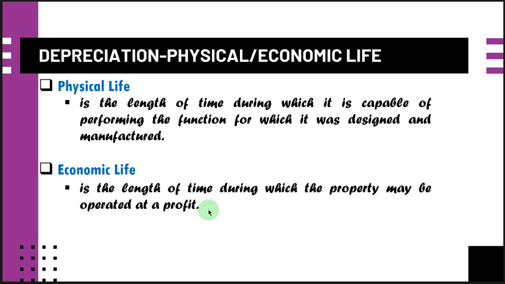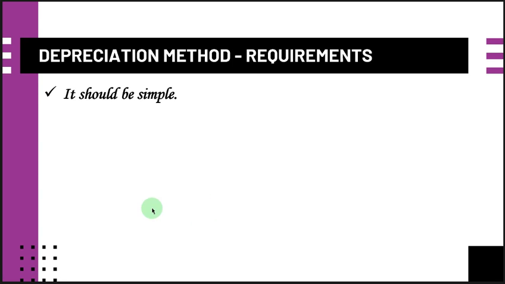Okay, so we have now the requirements for the depreciation methods. First, it should be as simple as possible. Second, it should recover the capital. I think for all businesses, you should consider not losing your capital.